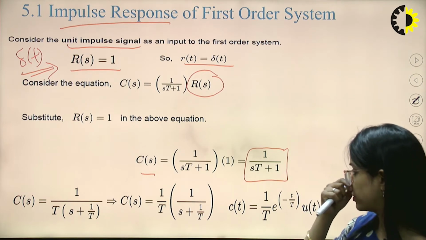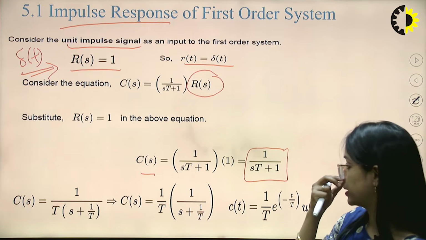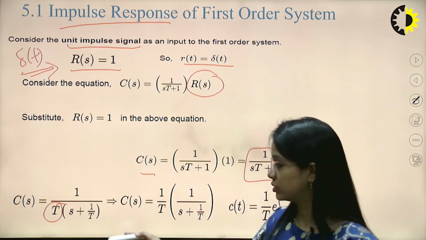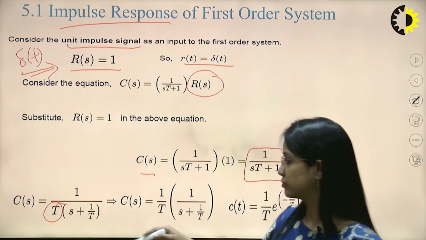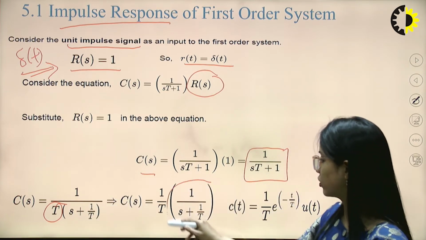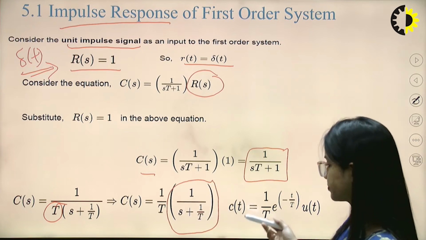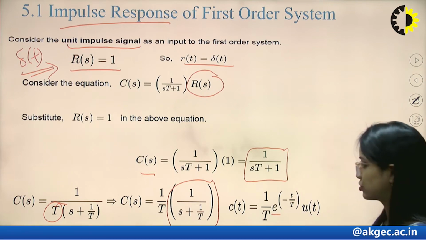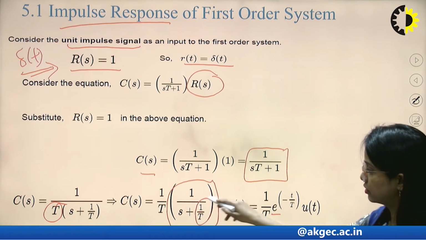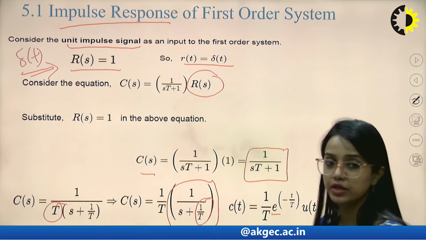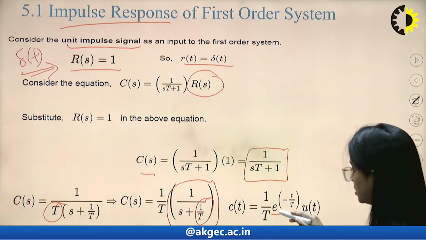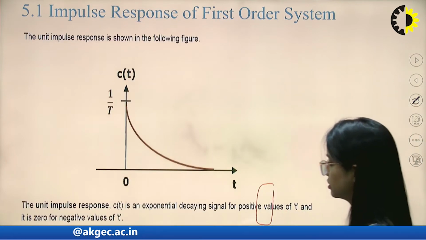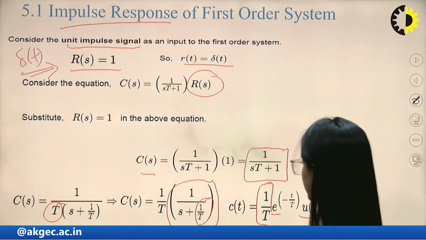Next, we have to convert it into the time domain. We take T common, so we have 1 upon T into 1 upon (s plus 1 upon T). Substituting in the time domain, we can write it as e raised to the power minus t by T, because this term goes with the coefficient of t in the exponential power, and 1 by T comes as a constant.